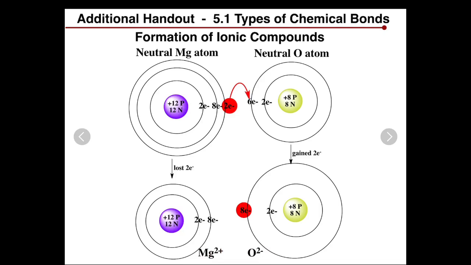So note that when we talked about the size of the cation and anion earlier, when a neutral atom becomes a cation, the size gets smaller, right? Because you minimize the electron repulsion, and in this case, you actually get rid of the energy shell as well.